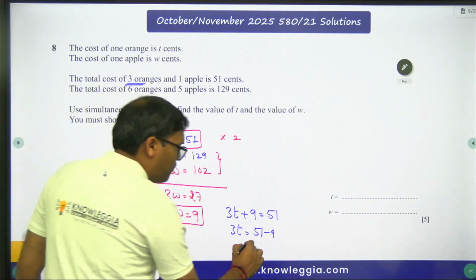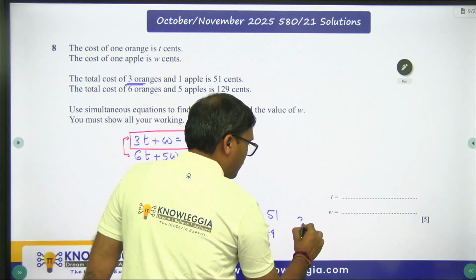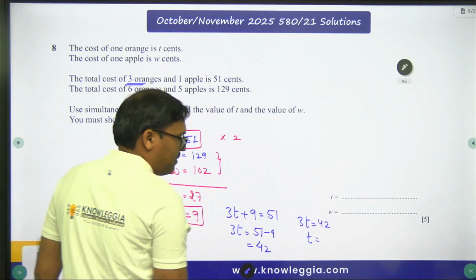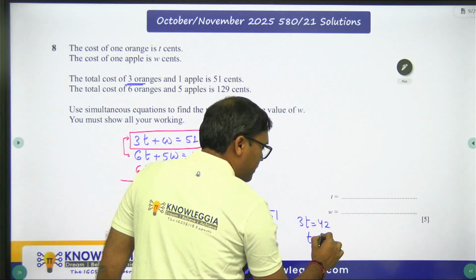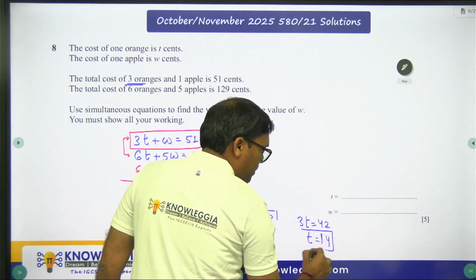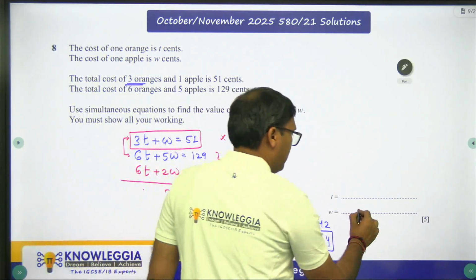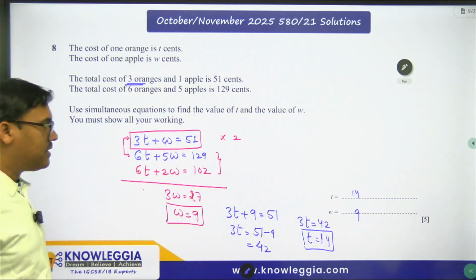This is equal to 42. So 3t is equal to 42. What is t? If I divide by 3 on both sides, this will become 14, 42 by 3. So what is the answer? w is 9, t is 14. So 9 and 14 are the correct answers.